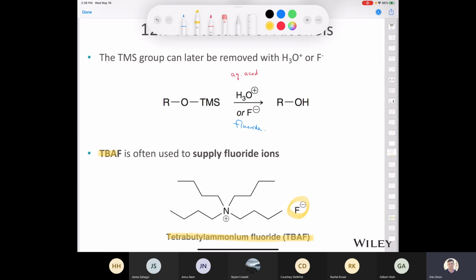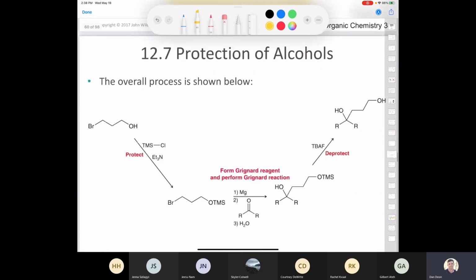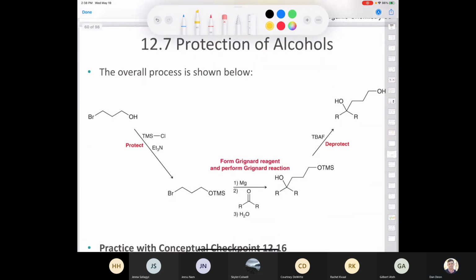So now, through the lecture here, we've gone through all the steps that would be necessary to do a protection, or the masking, of an alcohol, followed by the formation of our Grignard, followed by the Grignard reaction itself, and then the deprotection, or the unmasking, of the alcohol functionality. So here's the overall process. You would take that bifunctional compound.